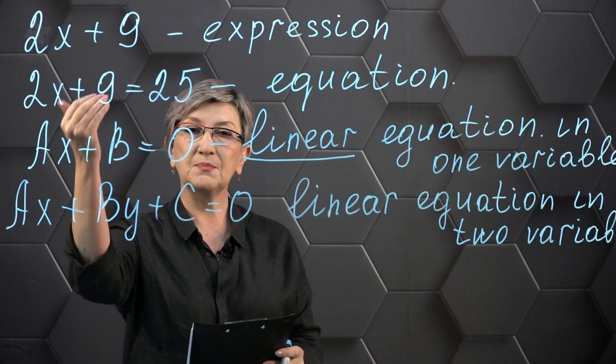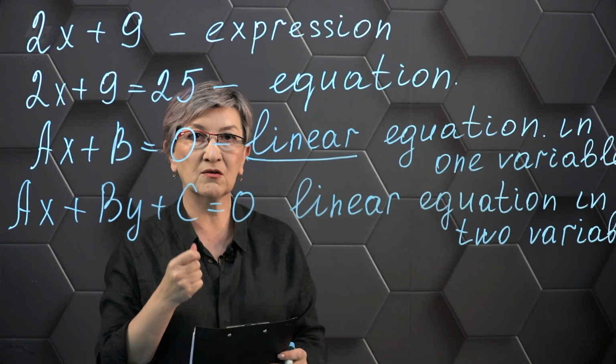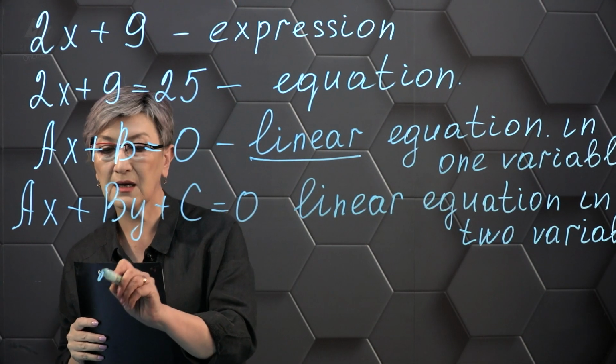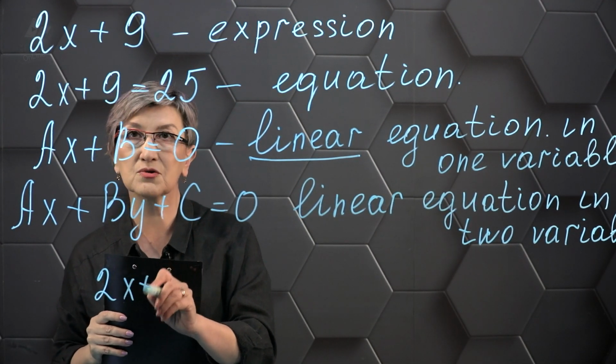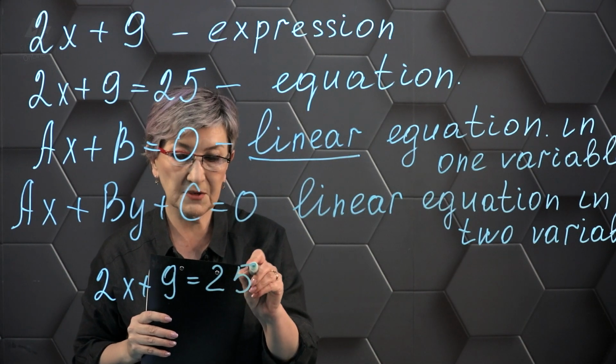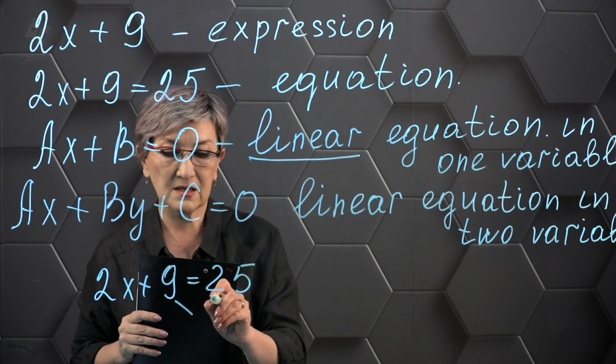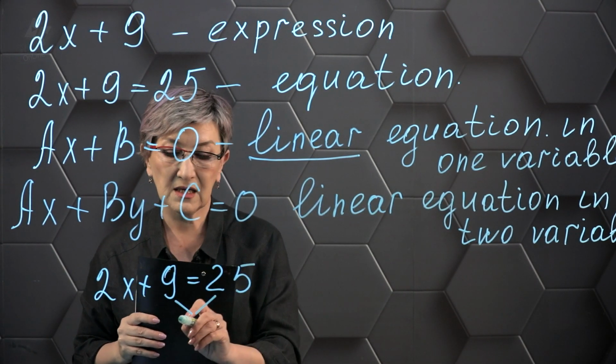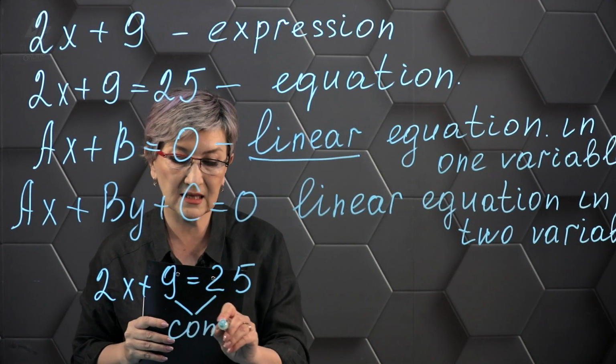Let's write down again an example of our linear equation with one variable, which is 2x plus 9 equals 25. And let's write down that the number 9 and the number 25 are called constant numbers.